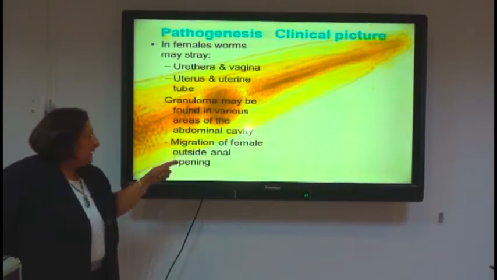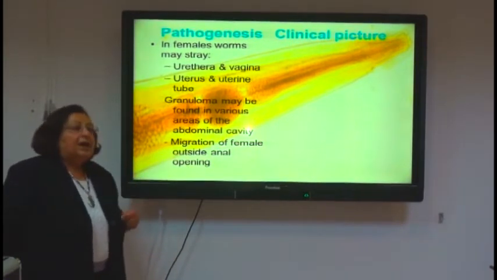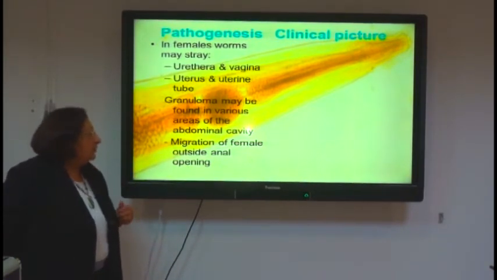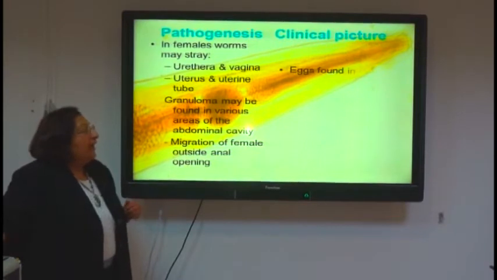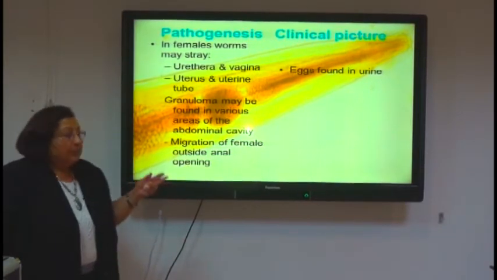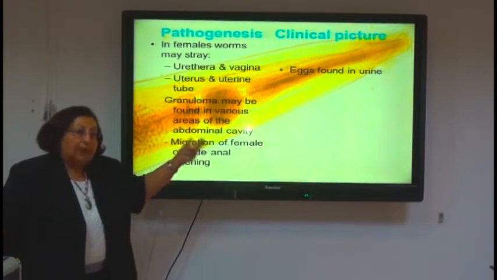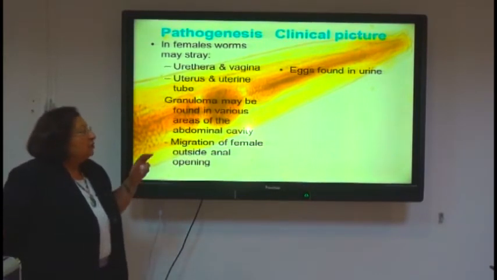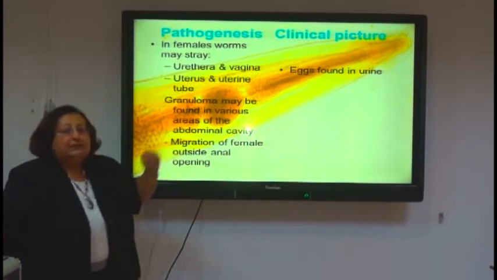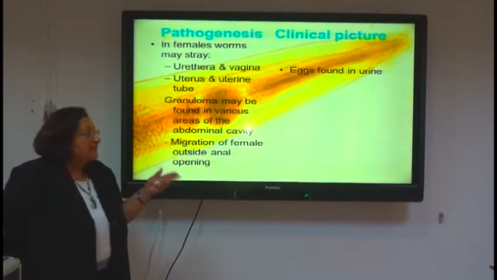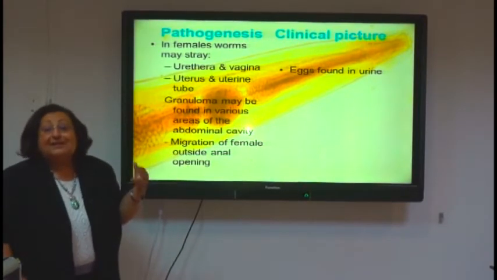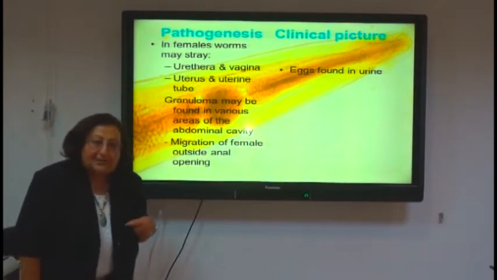The female can also migrate outside of the anal opening. Accordingly, we can see eggs in the urine. Eggs can contaminate urine, so we should not be astonished if we see Enterobius eggs in the urine.